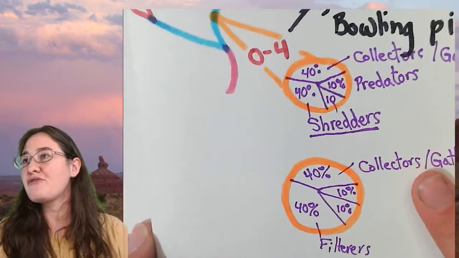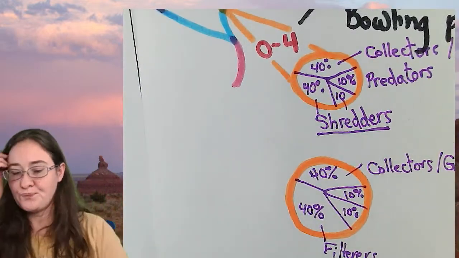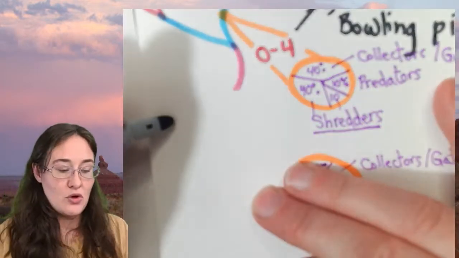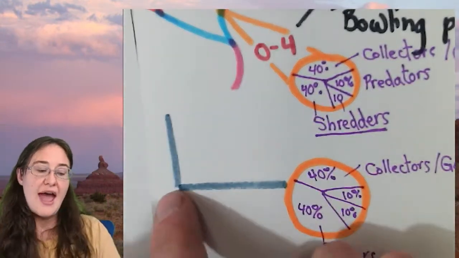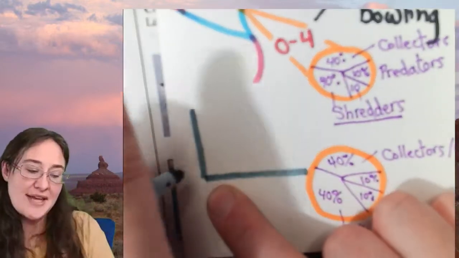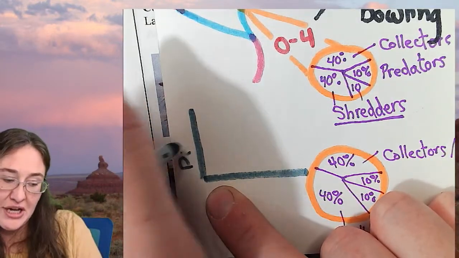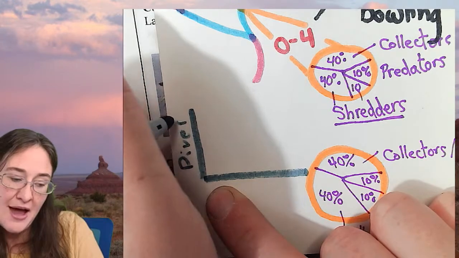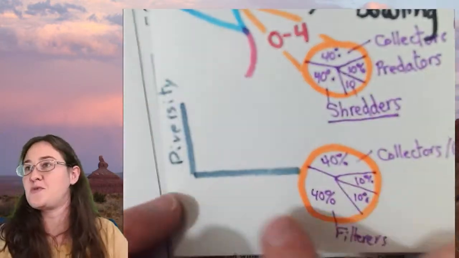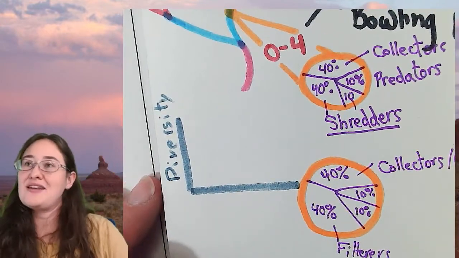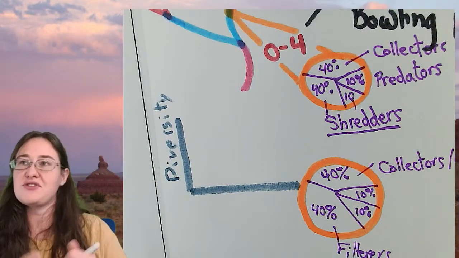So, I'm going to give you a chart. On this side, we're going to say diversity, and what I'm talking about is the number of species, or the diversity in a river.